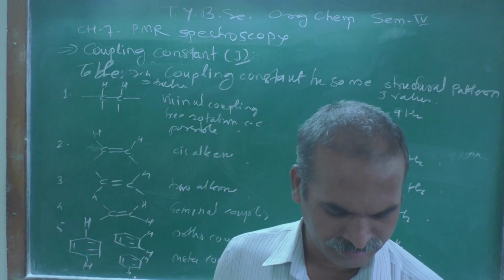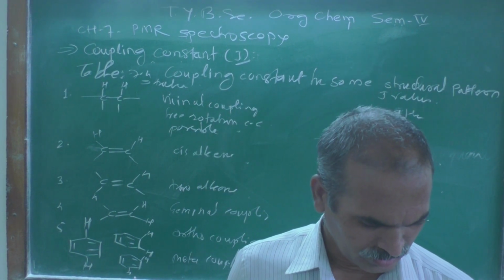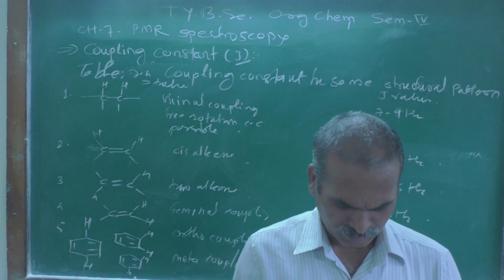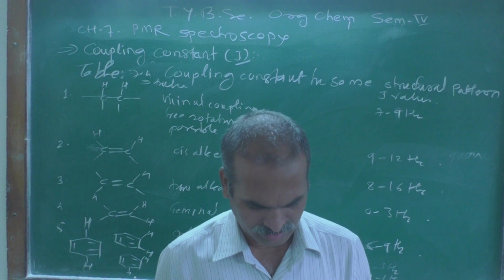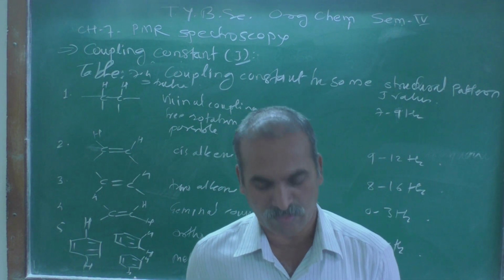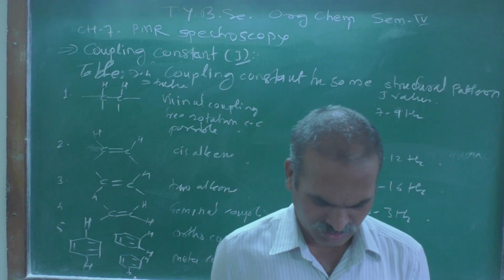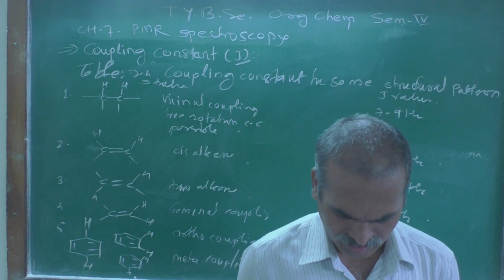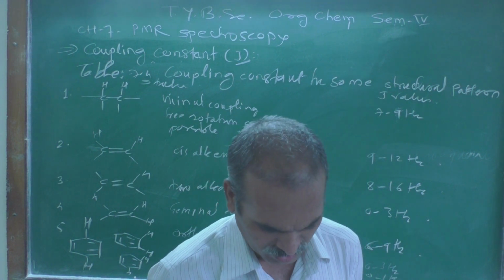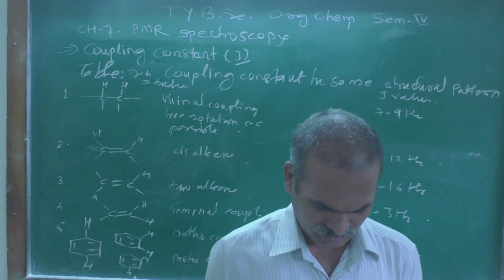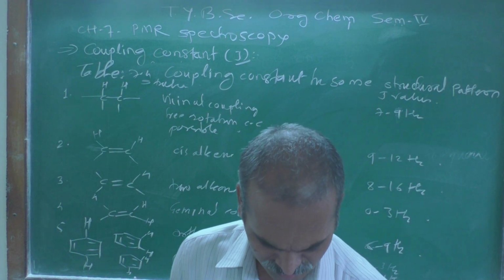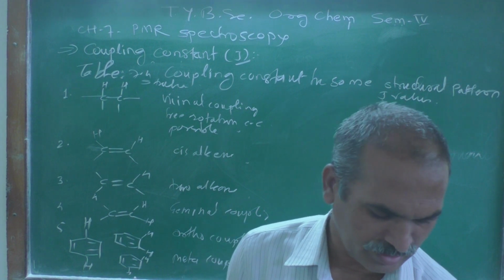Now we are going to see the problem. A proton appears as a quartet at 2.5 delta, J is equal to 6 hertz, on a 90 megahertz instrument. Indicate the line position in hertz of the different lines, or give the relative intensities of the lines.